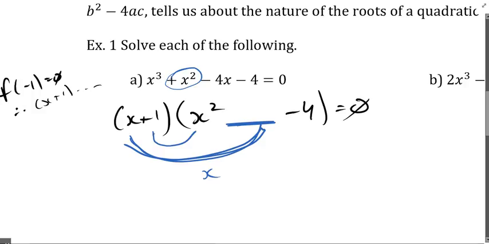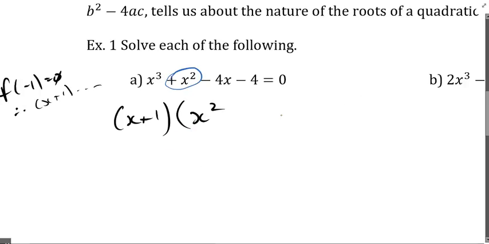But that is x squared. So that means this has to be 0. That make sense? If it doesn't, ask me about it later. I can go over it again or go over it more slowly, but you could use synthetic division. You get the same answer.